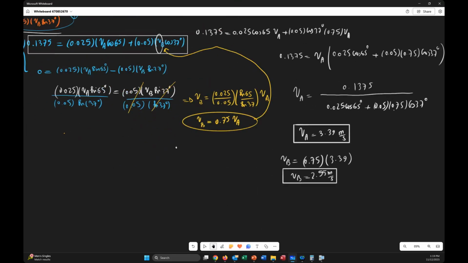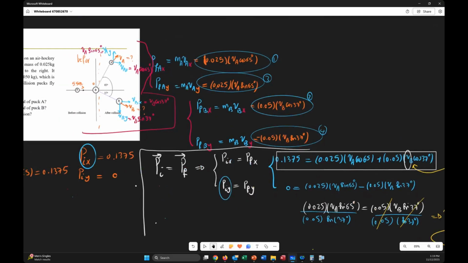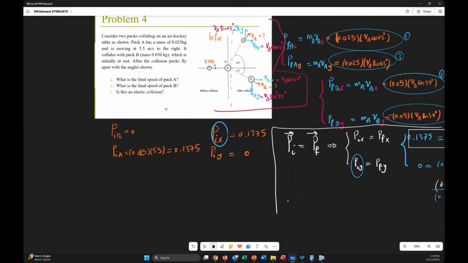Okay. But you see, you go back here, part B, is this an elastic collision or no? Is it elastic when they stick together? No, when it sticks together, it's a perfectly inelastic collision. It means that the energy is not conserved. But when it's elastic, it means that the energy is conserved.